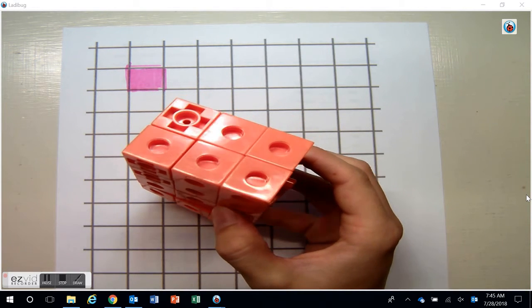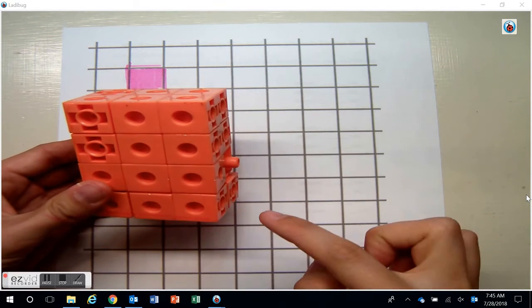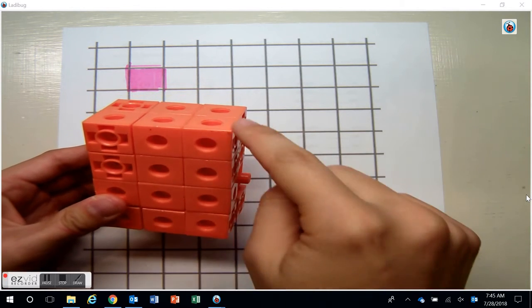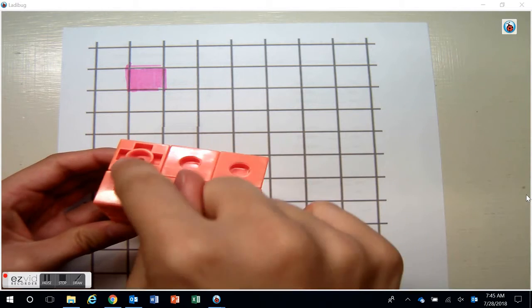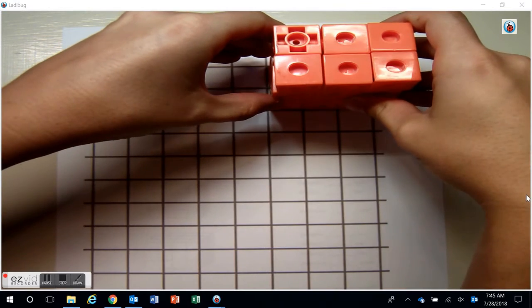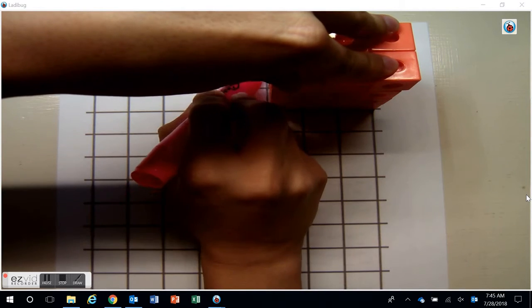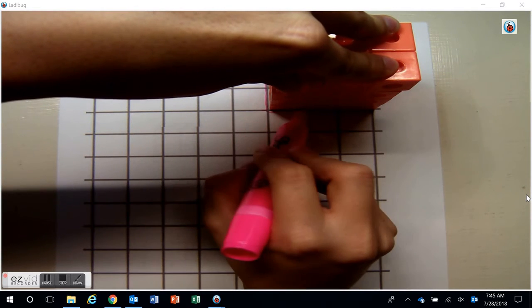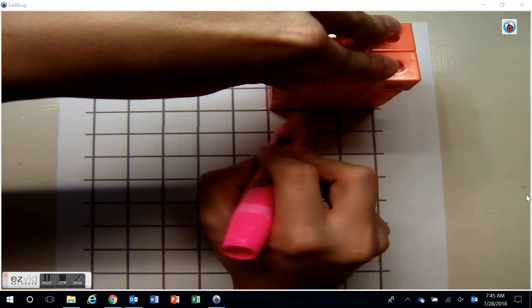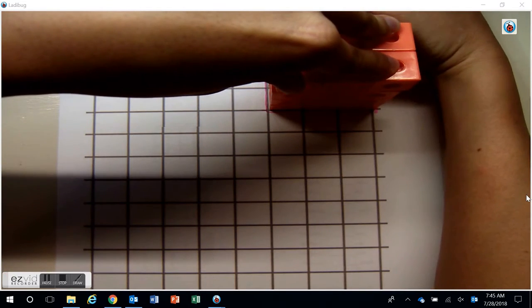Let's go to our actual right rectangular prism that we were just working on. And we were looking at these layers here. Well, to figure out how many are in this layer, I'm going to look at this face. I'm going to go ahead and trace that face onto my grid paper.